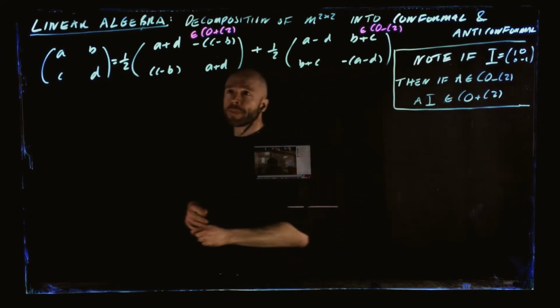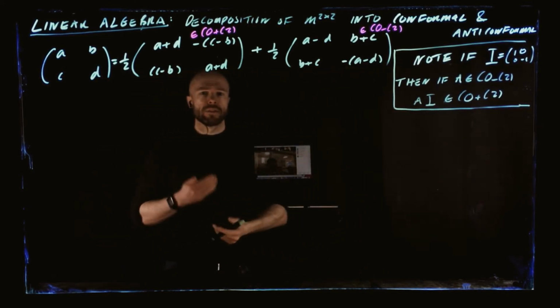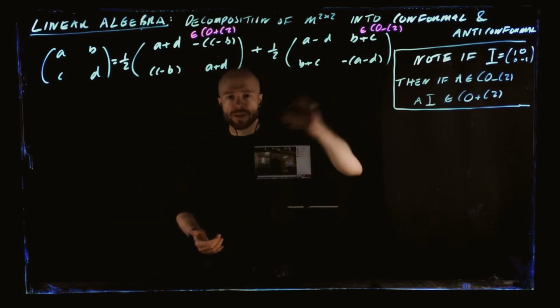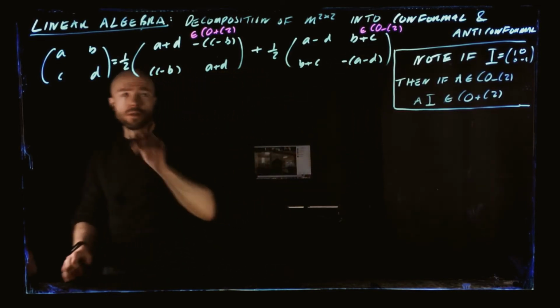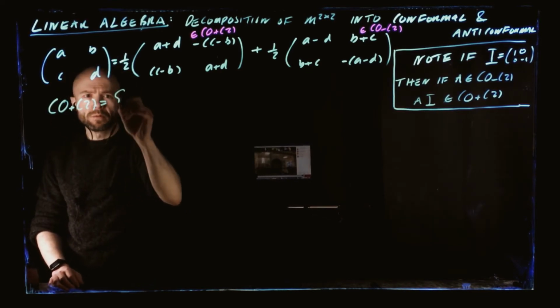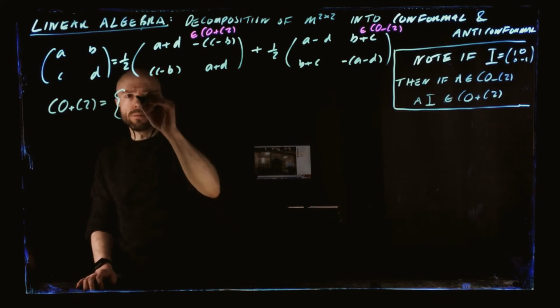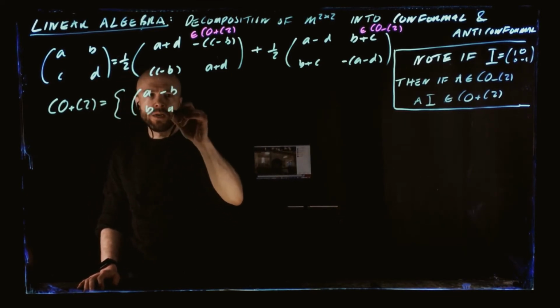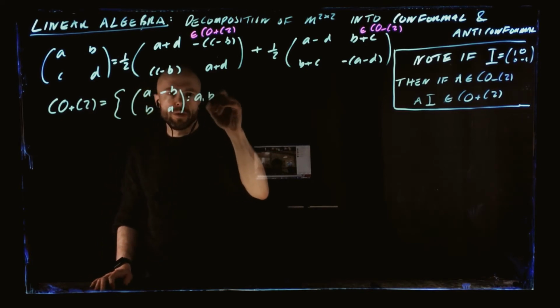And note also that the space of conformal matrices and the space of anticonformal matrices in 2 by 2 are linear subspaces, right? So let's write them down. Conformal matrices are things of the form A, minus B, B, A, where A, B belong to the real numbers.